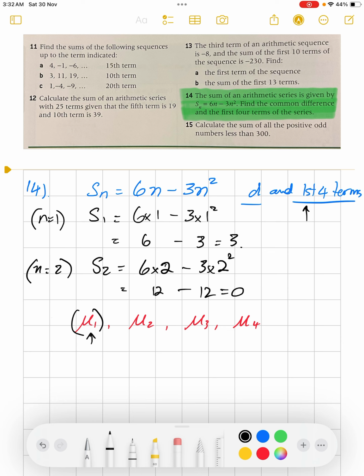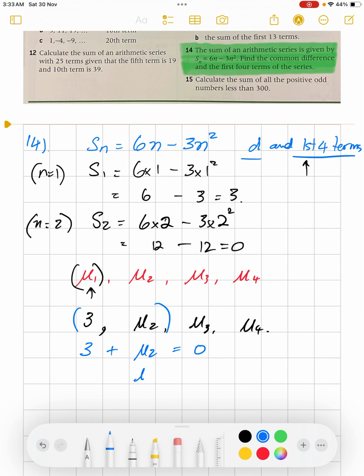Therefore, we've got 3. So we already know that. Now we know that the sum of the first two terms is equal to 0. Therefore, 3 plus u2 is equal to 0. So therefore, u2, the second term, 0 minus 3, is negative 3.